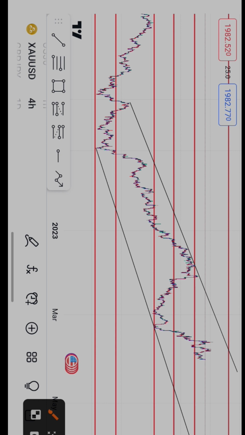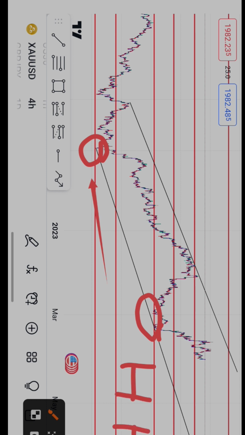We have, see this level, this is where price started over here. Now this level over here is higher than this level over here, whereby we call that a higher high. HH, that's a higher high.